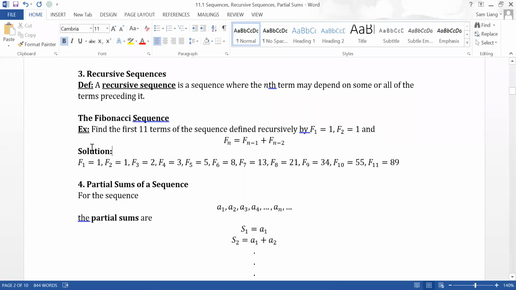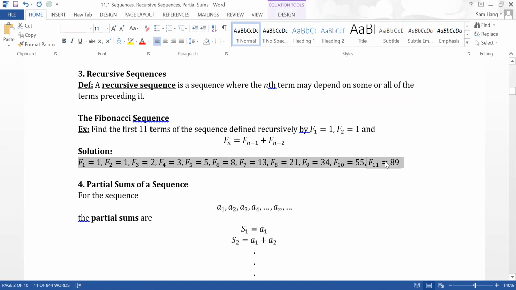Okay. And fun fact, this is actually the number of movies that they're going to release in the Fast and Furious series, right? Right now they're up to F9.